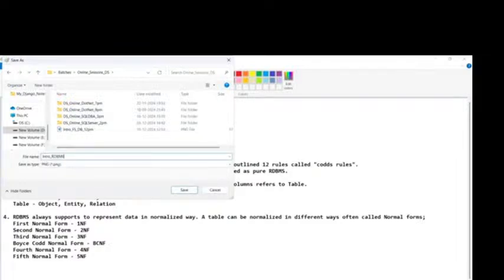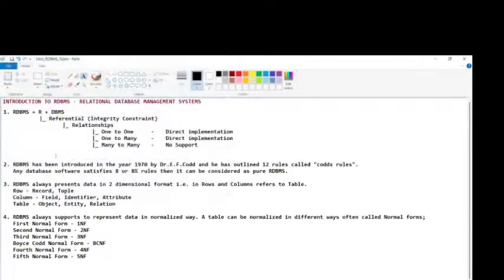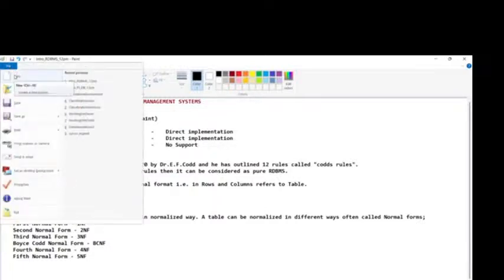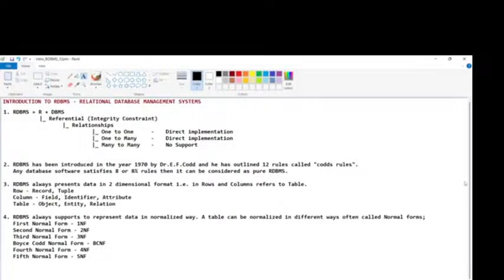Intro RDBMS, 12 PM. Okay, somewhere in this file only I'll complete. Instead of creating a separate file, in the same file I'll just write somewhere here.